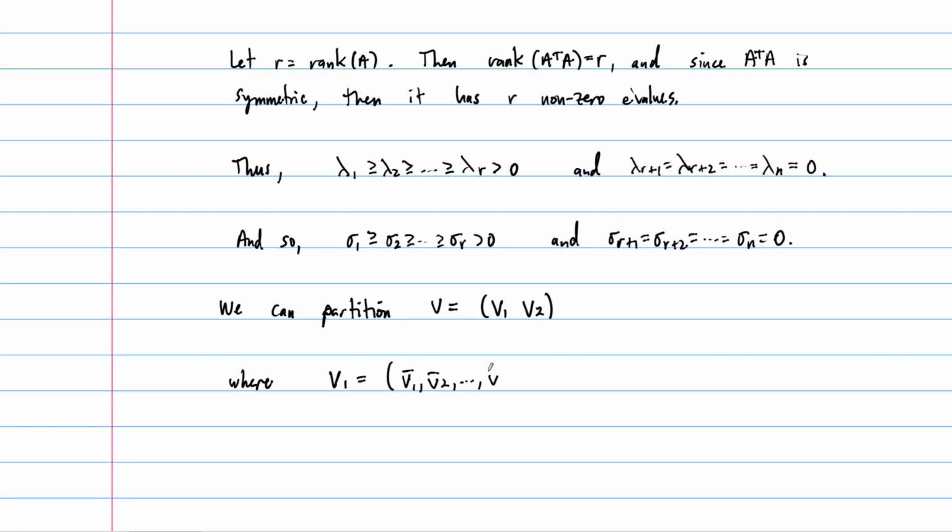We're not changing the matrix at all, we're just partitioning it. So V1 is the first R columns, and V2 is going to be the rest of it. So these are going to correspond to the 0 singular values, or the 0 eigenvalues of A transpose A. So we just partition this in terms of the vectors that correspond to the non-zero eigenvalues, and then the ones that correspond to the 0 eigenvalues. And so that'll be the rest of them, right?